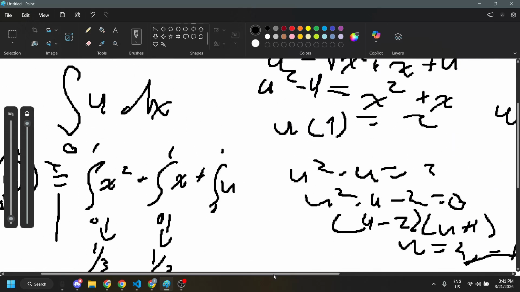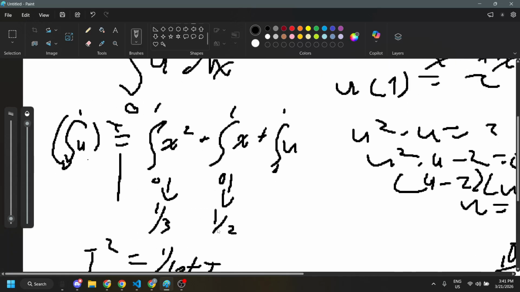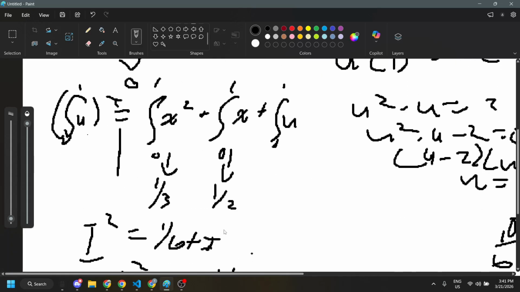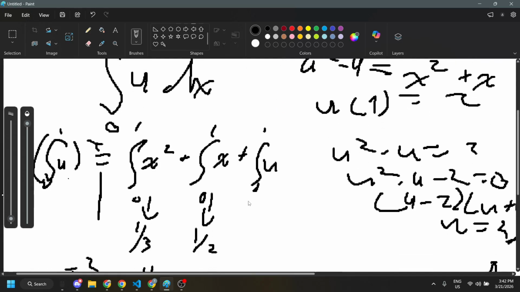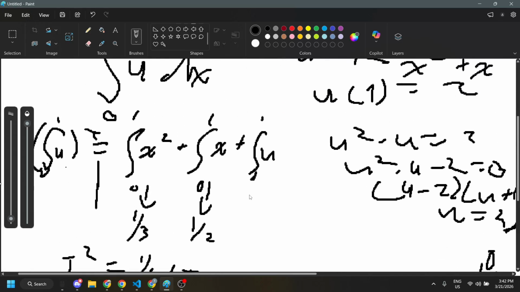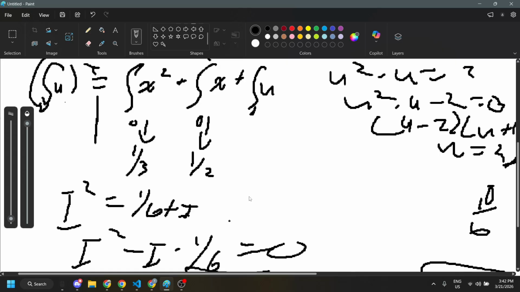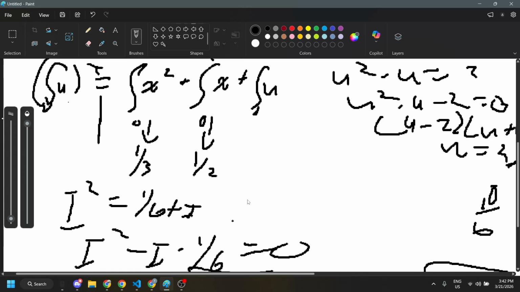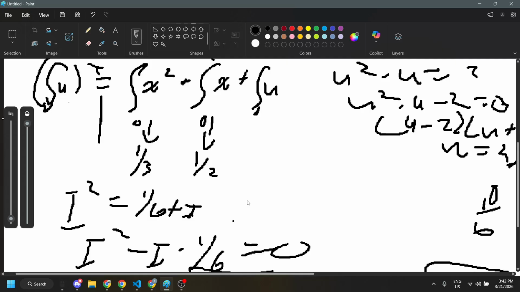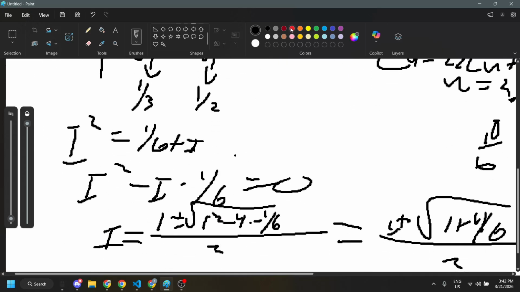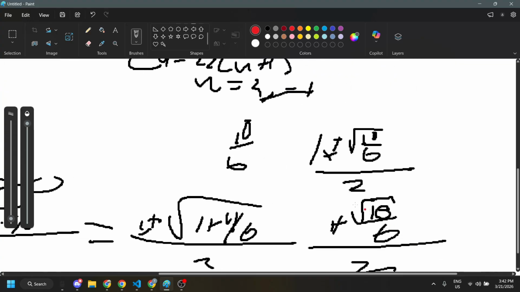I just don't see what I did wrong here. So the integral of u squared is equal to this. Yes. So, yeah, so this is incorrect.